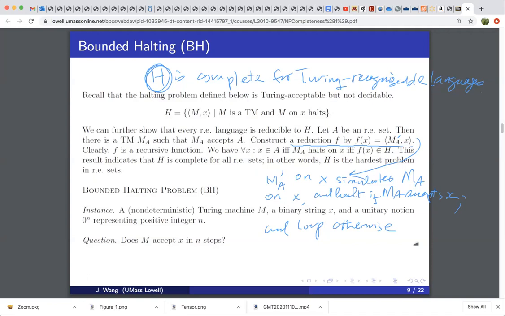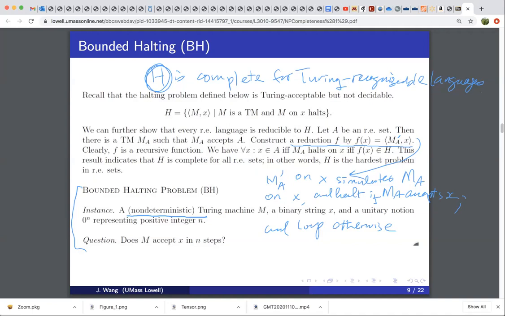So now let's look at this Boolean halting problem. Our goal here is to come up with an NP-complete problem. So we're dealing with non-deterministic Turing machines. So the instance here will be a Turing machine including non-deterministic ones, right? Because deterministic is simply a special case of non-deterministic Turing machine.